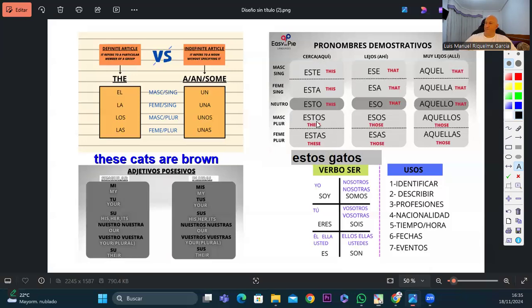Estos gatos. Now we need the verb are. They are. More than one. It was is before, but now it's are. They are. Son. And how do we say brown? It was marrón. But now it's plural. So, marrones. Estos gatos son marrones. These cats are brown.